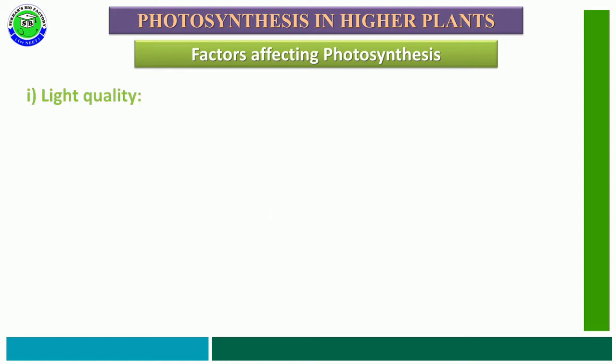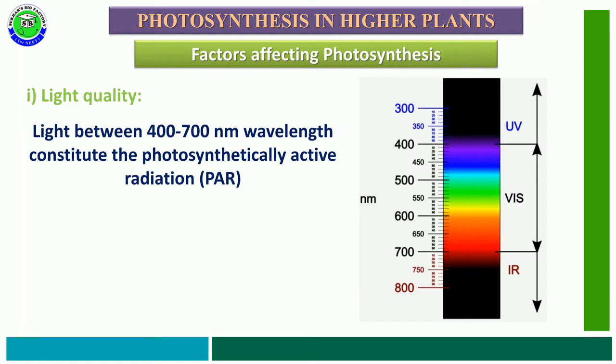The first one is light quality. Light with wavelengths between 400 to 700 nanometers constitutes photosynthetically active radiation, because in T.W. Engelmann's experiment we also know that the photosynthesis rate is higher in blue and red light.